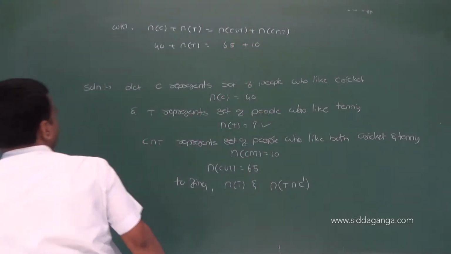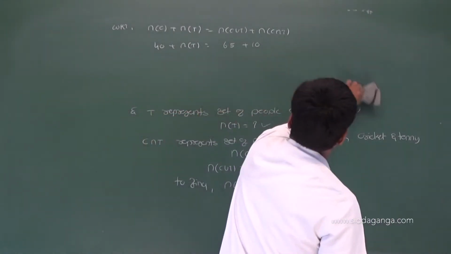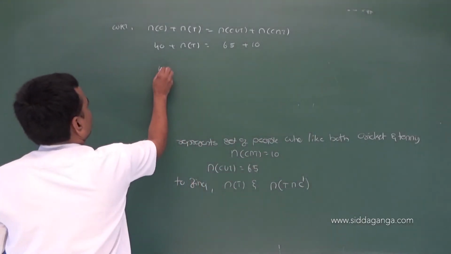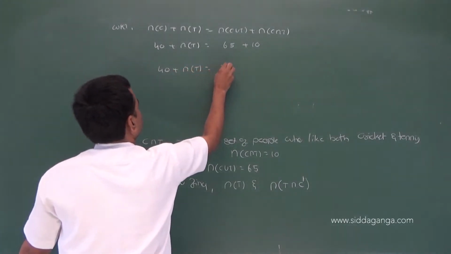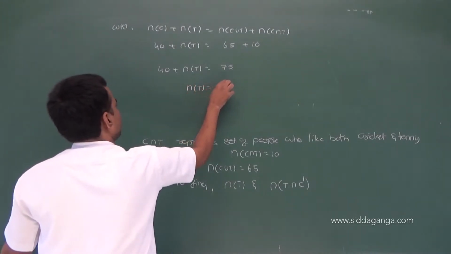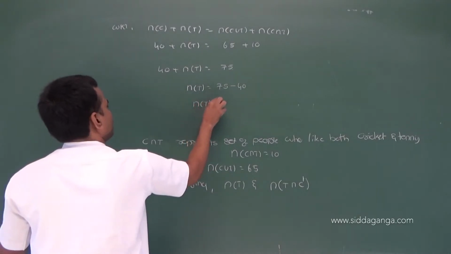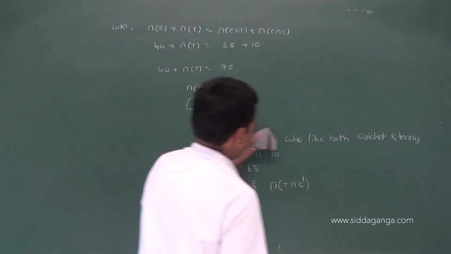Correct? 65 plus 10. 40 plus n of T equals 75. N of T is 75 minus 40. N of T, how much? It is 35. First one is over.